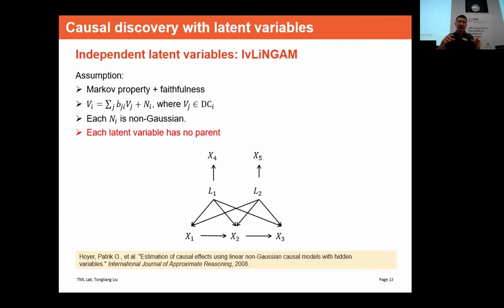With those assumptions, the problem of discovering the causal relationship is closely related to the overcomplete independent component analysis problem. Using the techniques developed in overcomplete independent component analysis, the causal structure can be recovered.